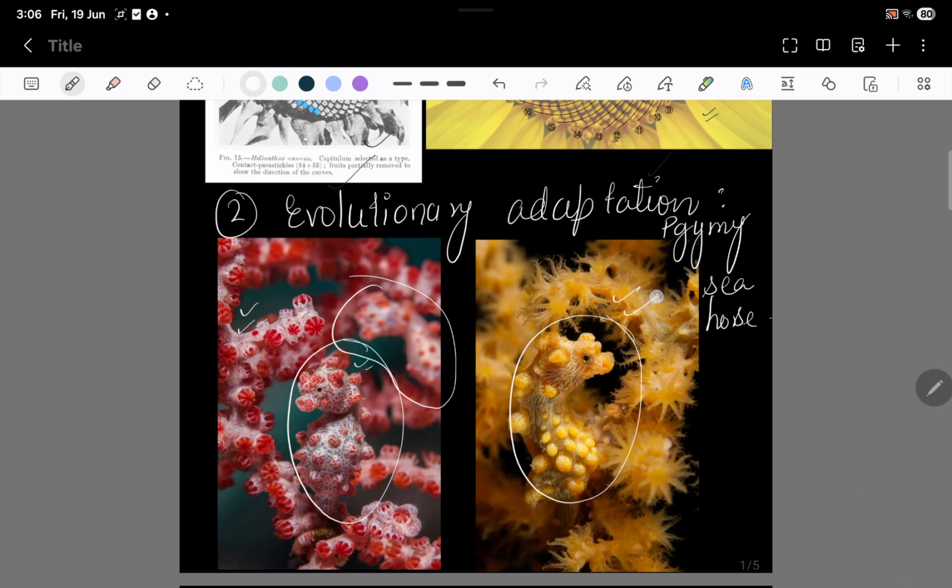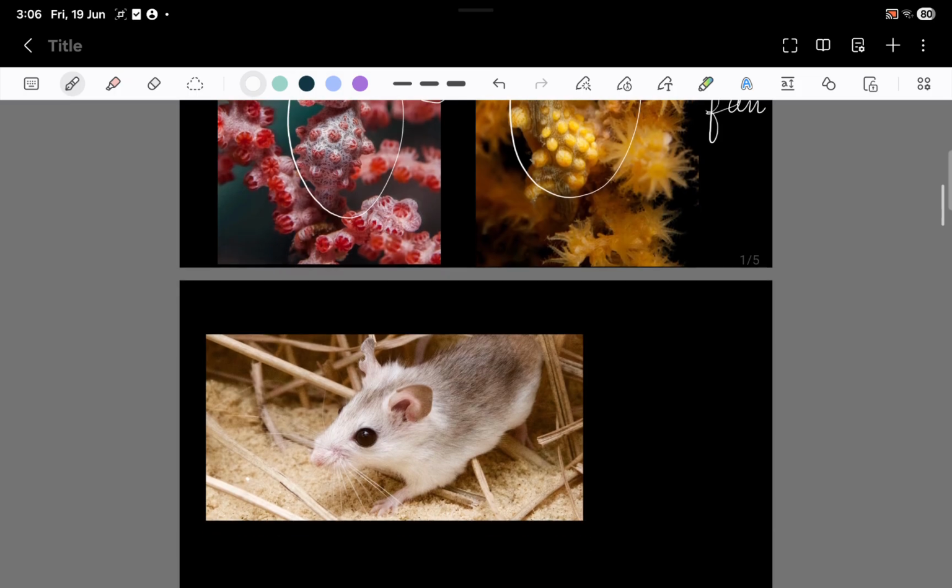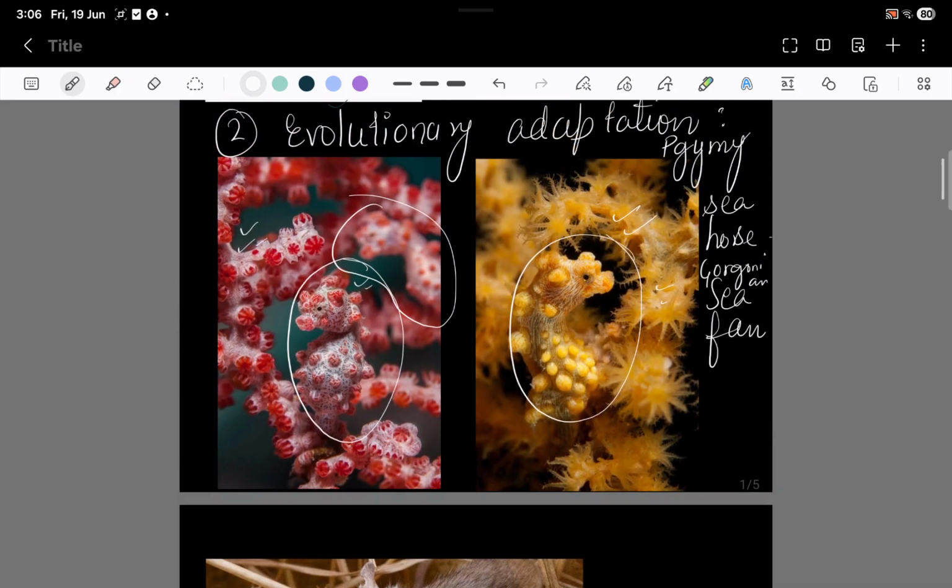And what is this host? Gorgonian sea fan. These are corals, right? You know, Gorgonian sea fan. So what is the purpose of this camouflage? To hide itself from predators. So the organisms evolve, they adapt themselves.